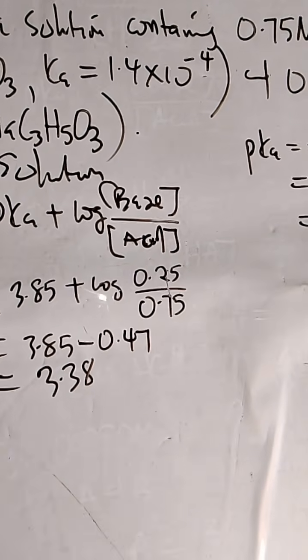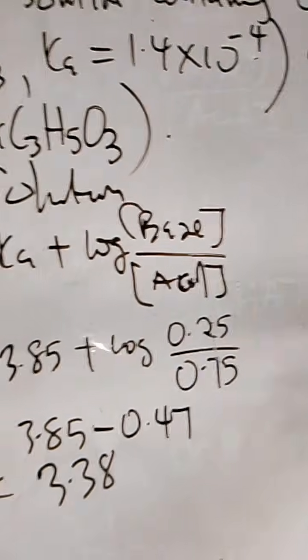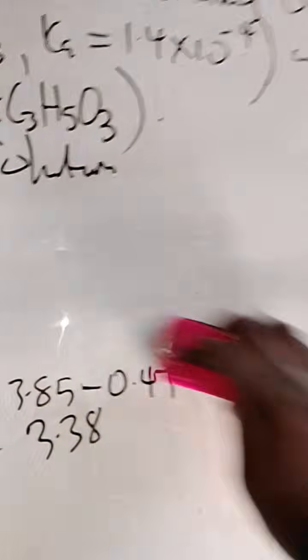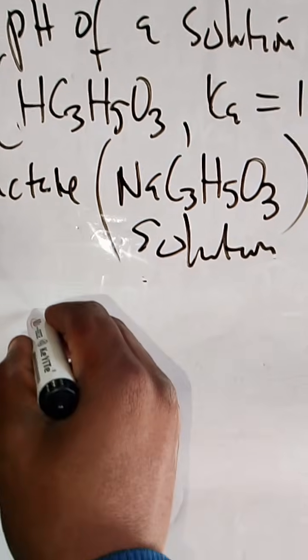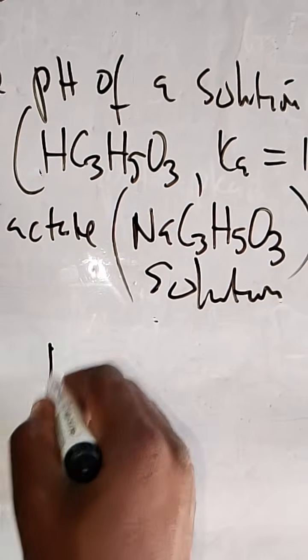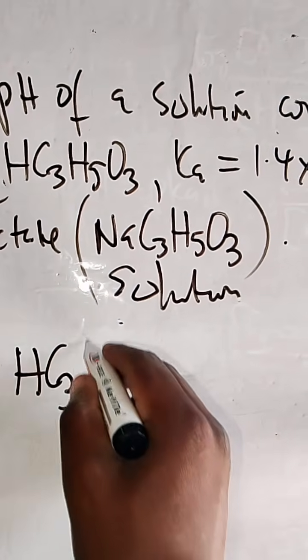Now suppose we use the ICE table. Let's see if we are going to find the same. That was by using the HH equation. By using the ICE table, let's dissociate the acid.